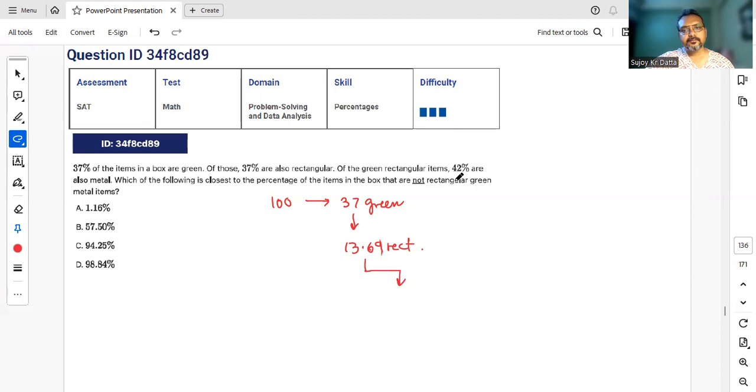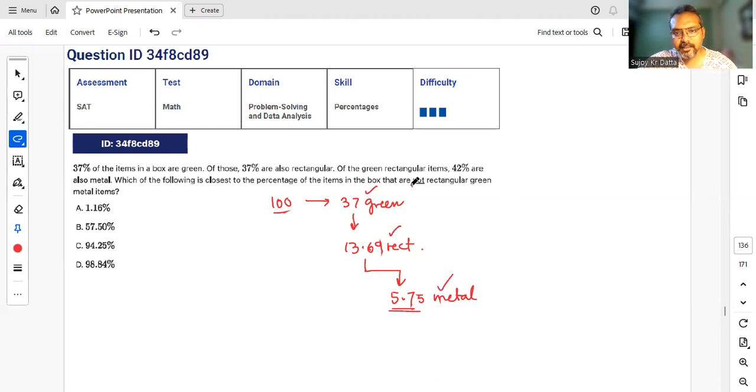Of those, 42%. So that would be 5.75 metal. Okay. So that means out of the 100, 5.75 are green rectangular metals.